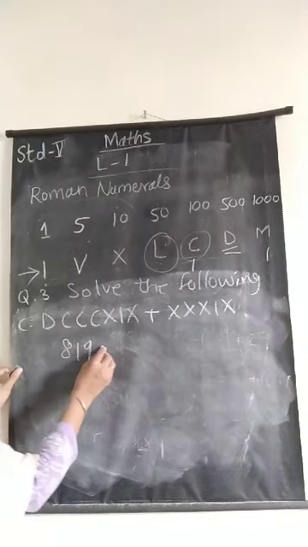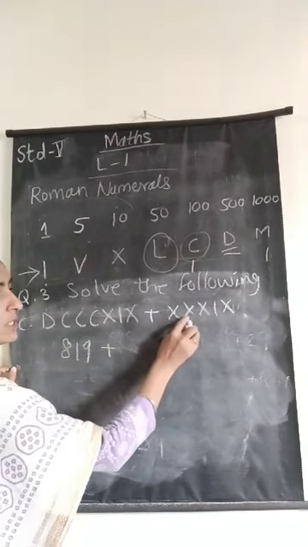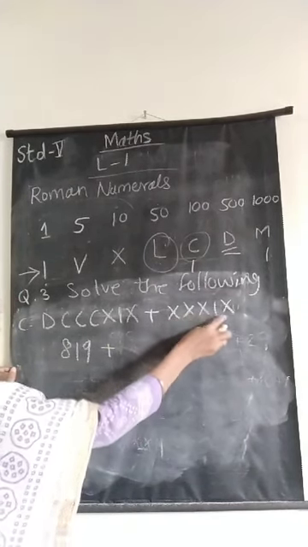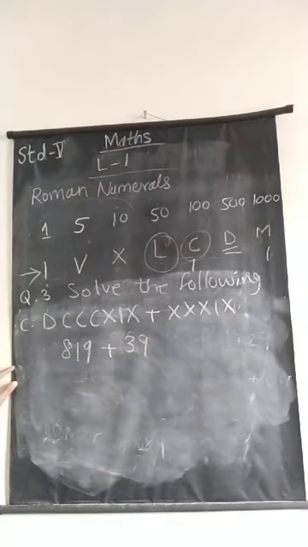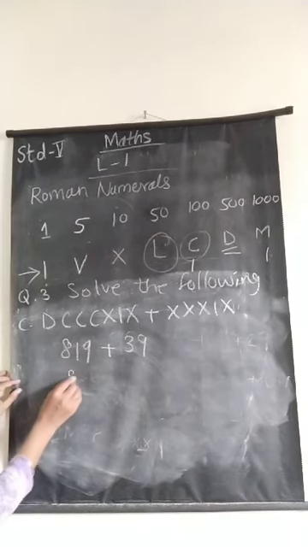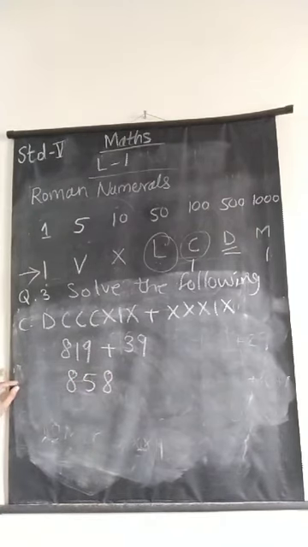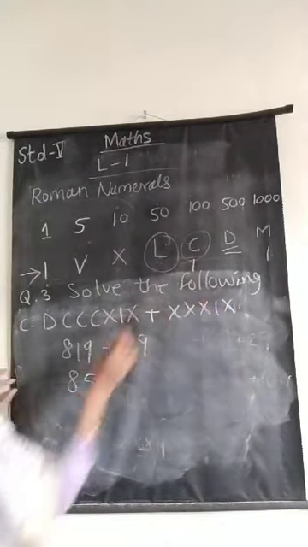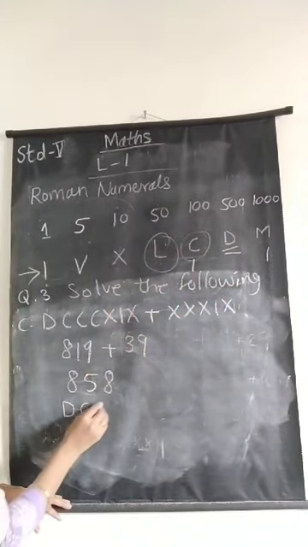819 plus, this is 10, 10, 10, 3 times. So 10 plus 10 plus 10, 30. 30 plus 9, 39. Yes, students? And their addition will be 858. Yes, their addition is 858. And 800 is written as D and 3 times 100.